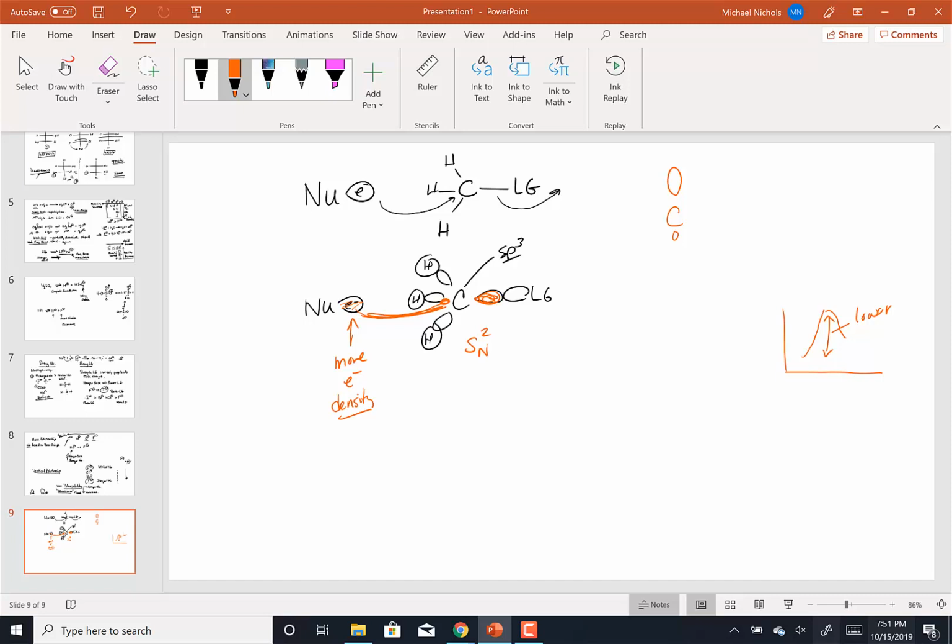I'm going to get a lower transition state, and I'm going to have a lower activation energy. And what's that going to do? That's going to make the reaction go faster. And so by being able to concentrate electron density into that lobe, the nucleophile will react faster in an Sn2 reaction.